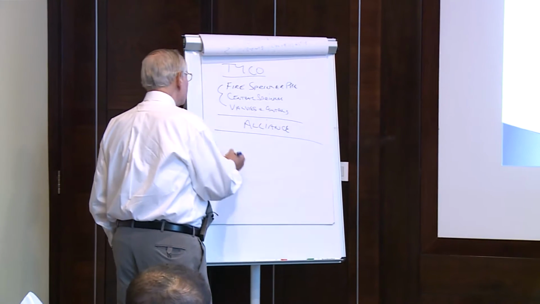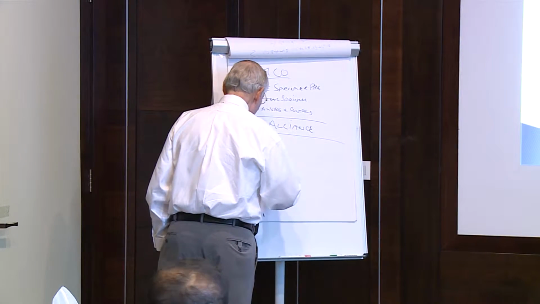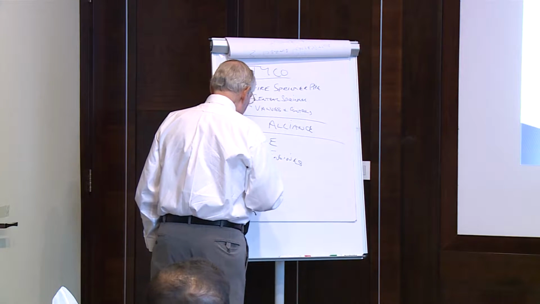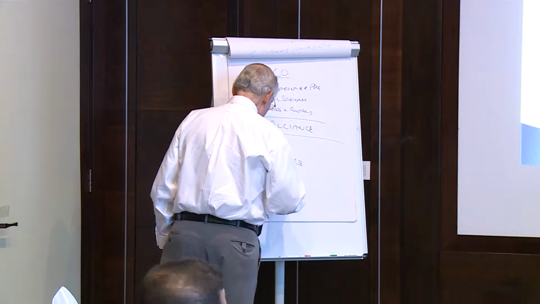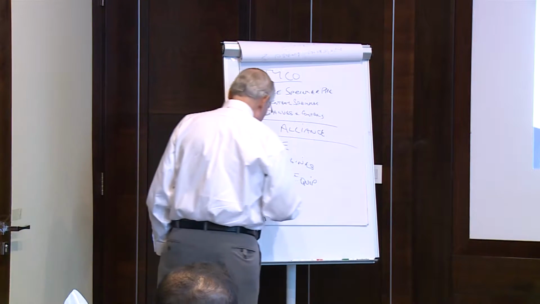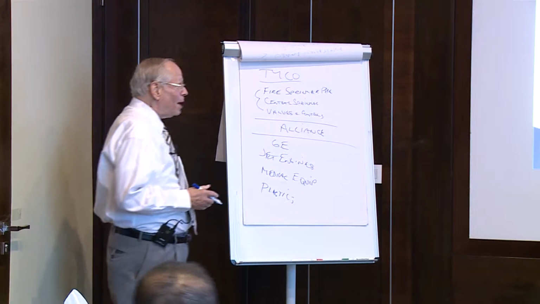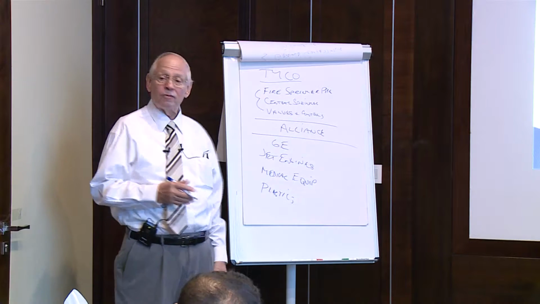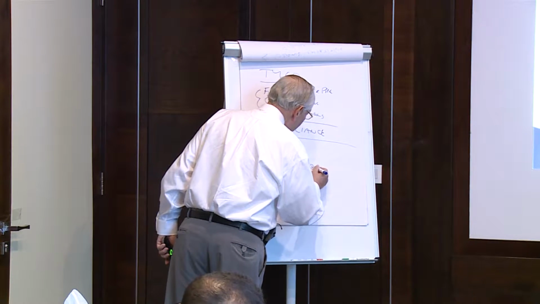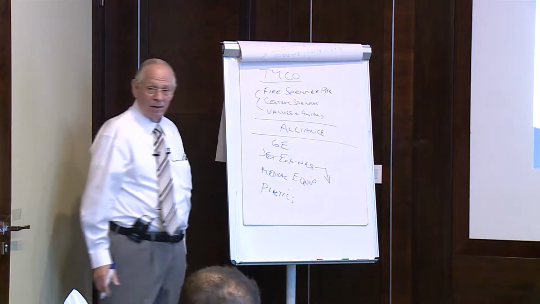If you think of General Electric, we'll look at jet engines. And you can look at medical equipment. And you can look at, I don't know, plastics. Now, by diversifying across a variety of different businesses, what happens if the airline industry takes a hit and the jet engine business goes down, okay?